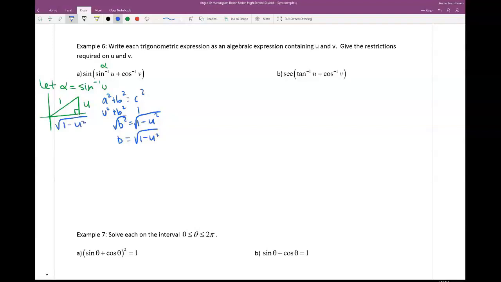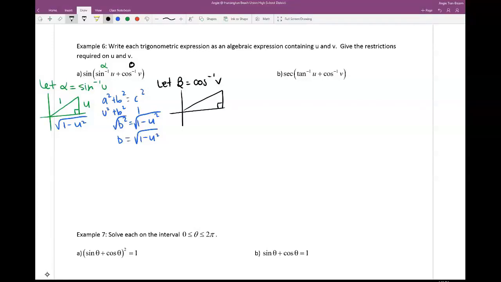Okay, so that's alpha. Now, I'm going to need to also draw another one for beta. Okay, so let's make this, what ink? Black ink. Here's beta. Let beta be cosine inverse of v. And again, because v is an unknown variable, you can draw this in quad 1 or quad 2 because that's the restriction for cosine inverse. But why make it difficult, right?